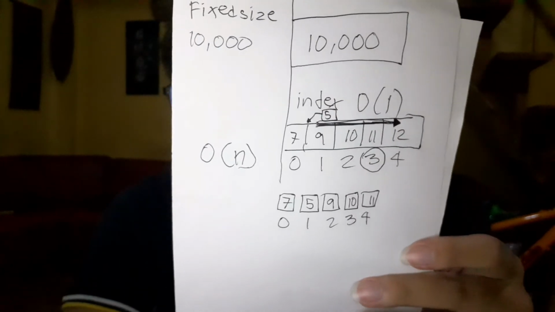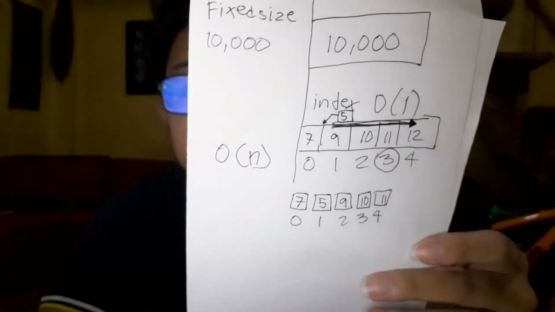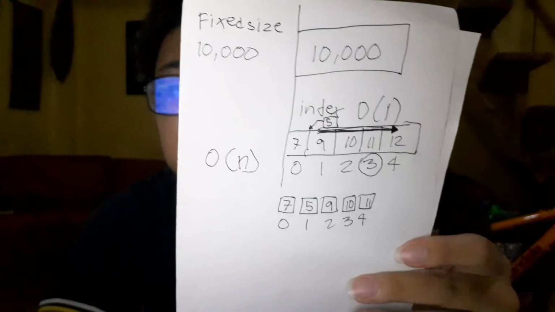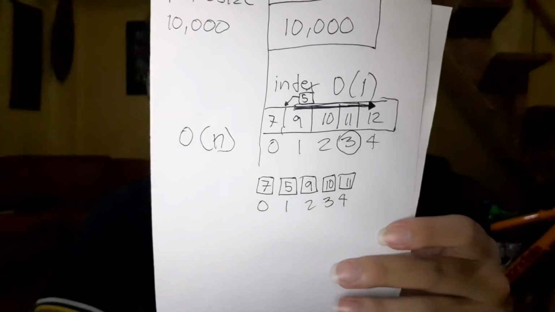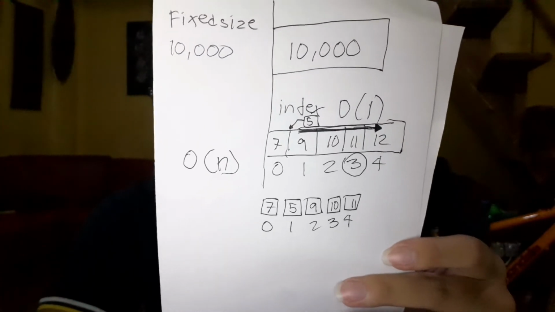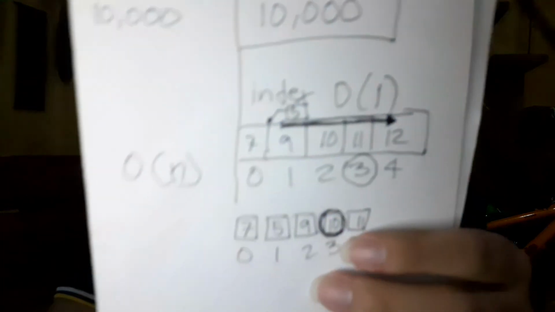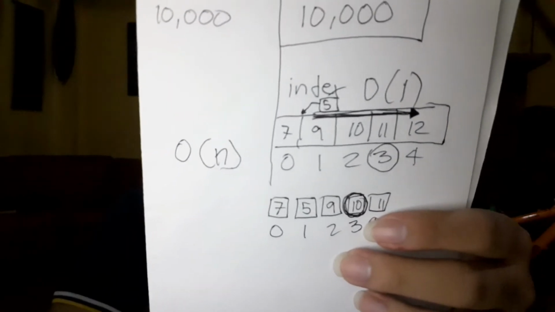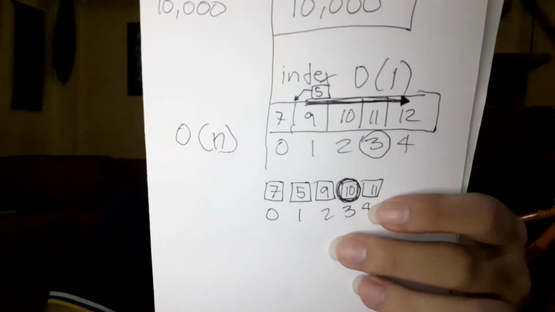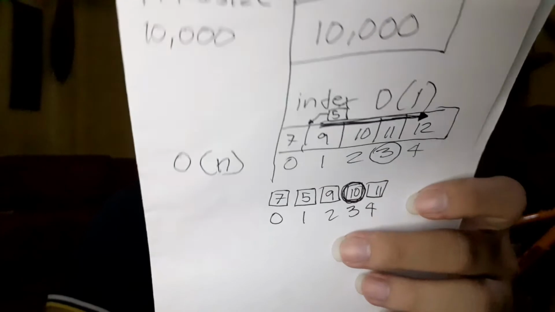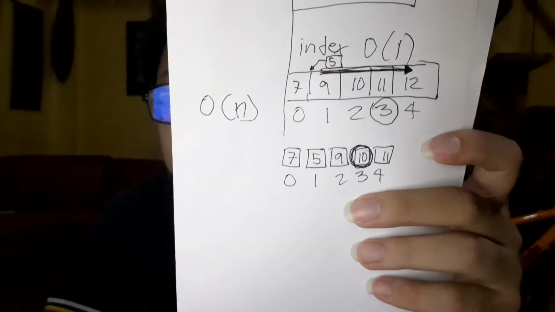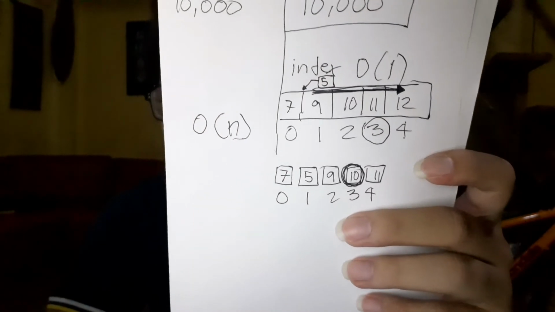Now let's look at the example of removing an item, and this is the exact same problem we've run into before. Let's say we want to remove item 10. We want to just get rid of it. Well, to do that, we need to shift all the items after item 10 down by 1.